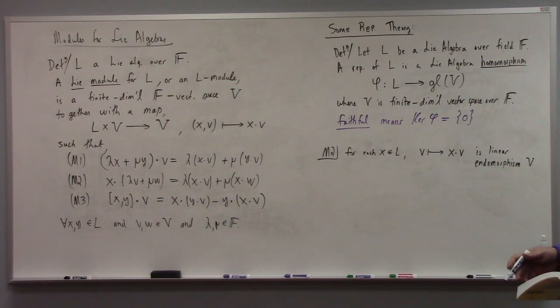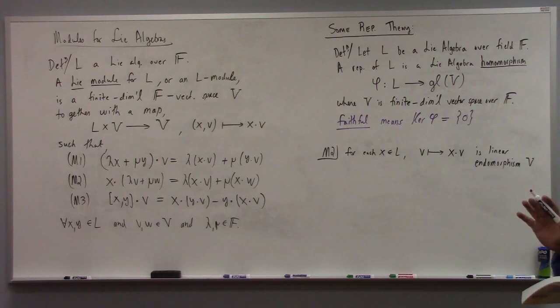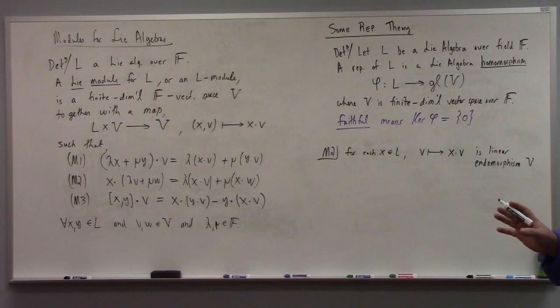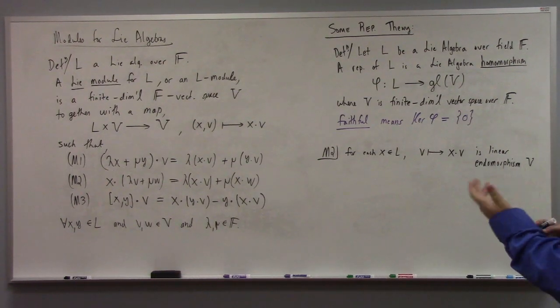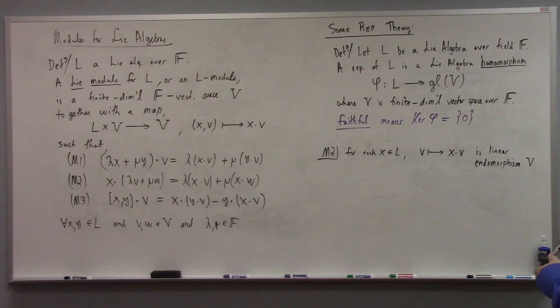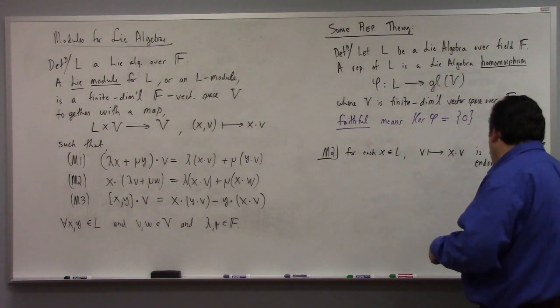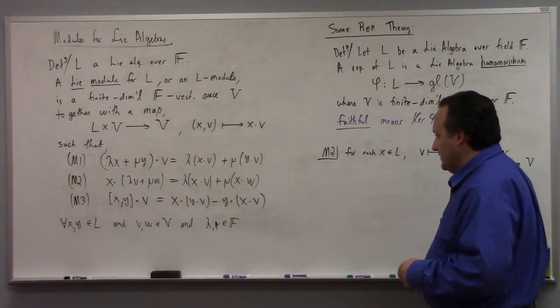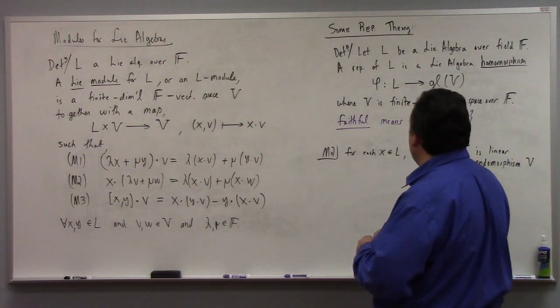All right. He says Lie modules and representations are two different ways to describe the same structures. If you're given a homomorphism, you can make a module and vice versa. You give me a module, I can give you a homomorphism. If I give you a homomorphism, you ought to be able to make a module. What's the interplay?